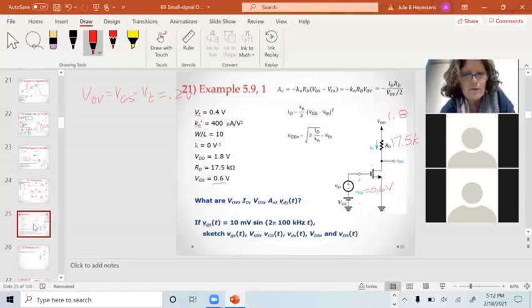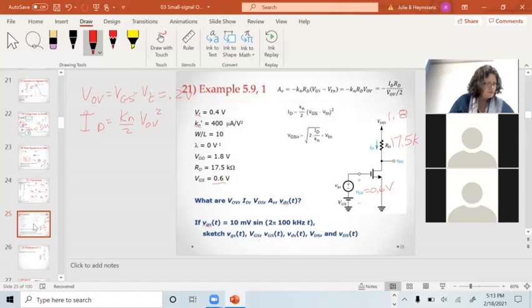Once I get the overdrive voltage, I can find ID, which is Kn prime over 2 times W over L times VOV squared. So 400 micro over 2 times 10 times 0.2 squared. And that is 80 microamps.